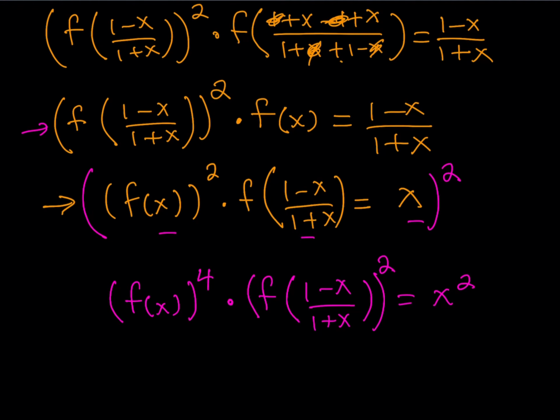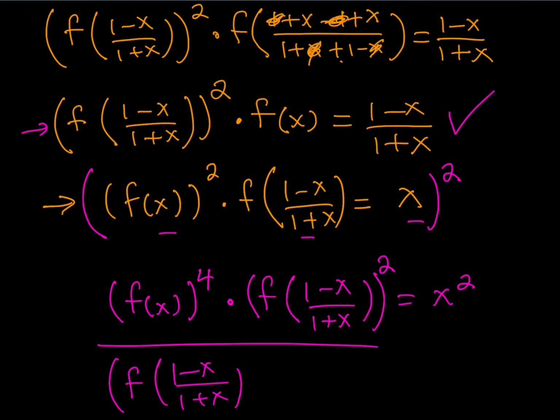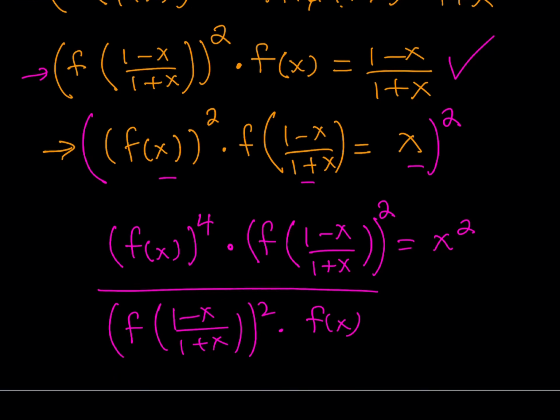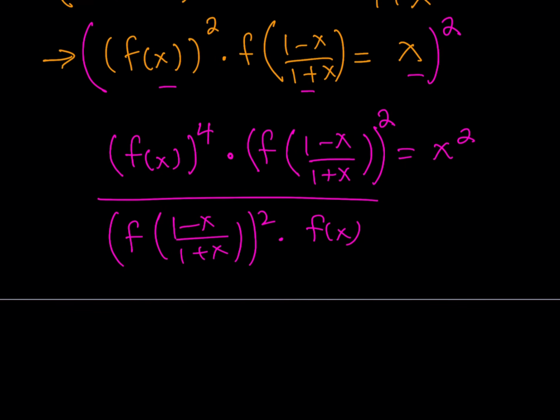Now I'm going to take that and divide it by the first equation, which is this one. What happens if you divide this by f of 1 minus x over 1 plus x squared times f of x? Nice. Now, when you do the division here, let me go ahead and erase this.